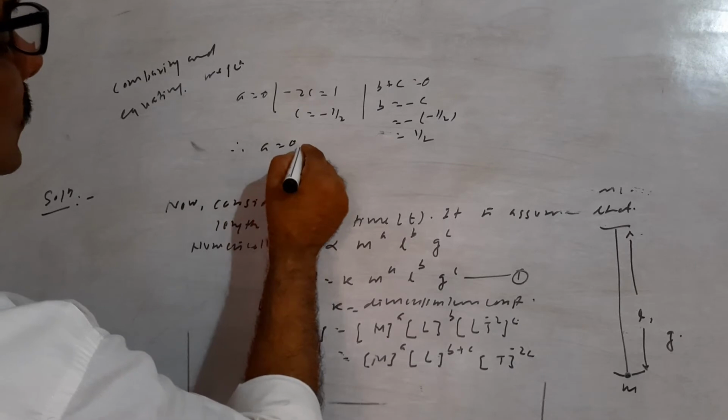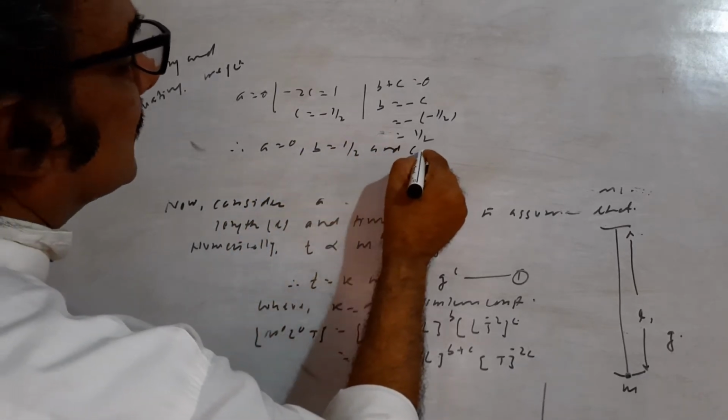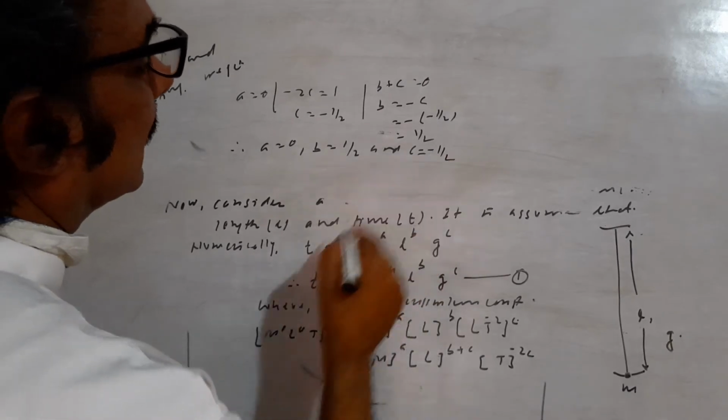So a equal to 0, b equal to half, and c equal to minus half.